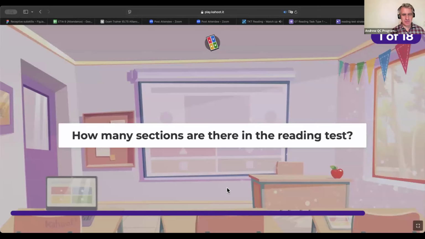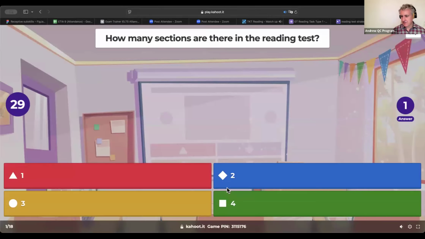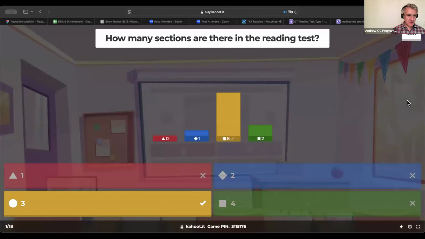How many sections are there? Whether it's general training or academic, there are three. Great. Easy, wasn't it?